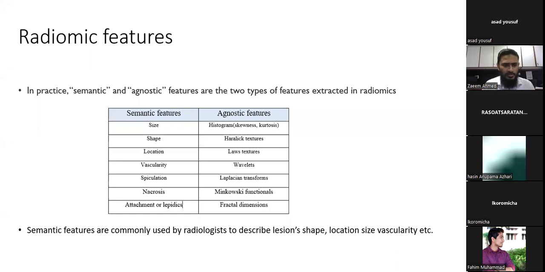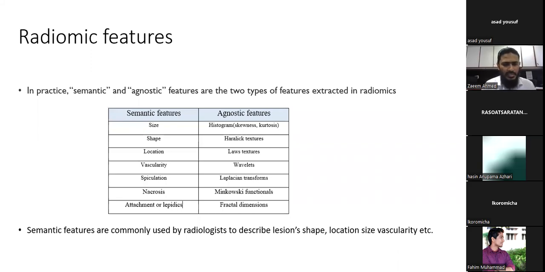Okay, so radiomic features, we can divide them into categories. One is semantic and the other is agnostic features. The semantic features are usually used by radiologists to describe the shape, lesion, localization, or vascularity.